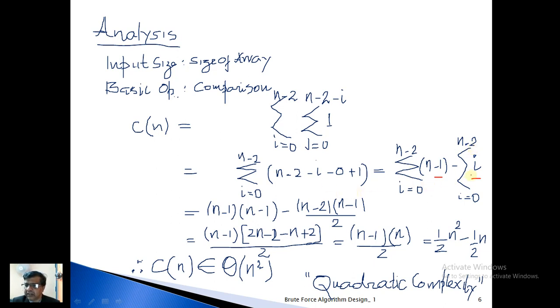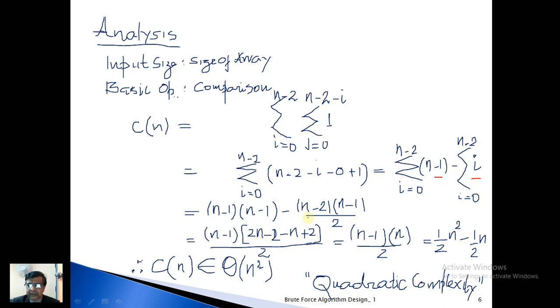The summation for such an arithmetic series is n into n plus 1 by 2. Where n is there, we will apply n minus 2. So n minus 2 into n minus 2 plus 1, which becomes n minus 1, divided by 2.